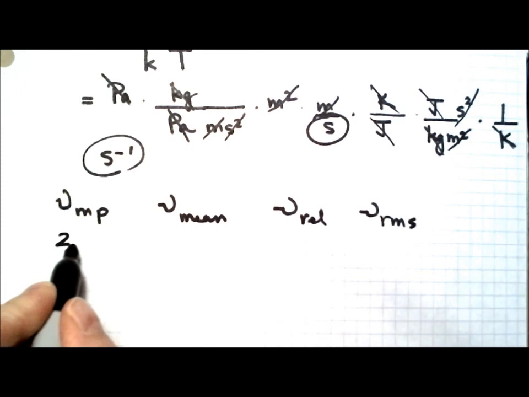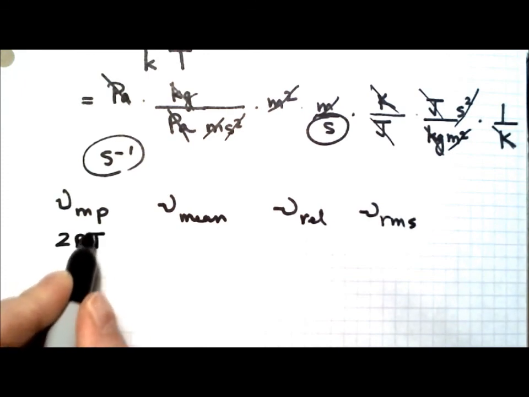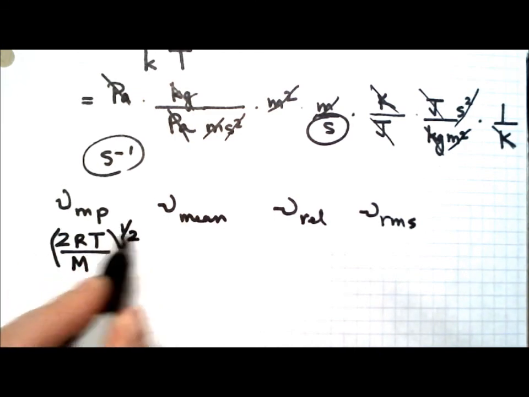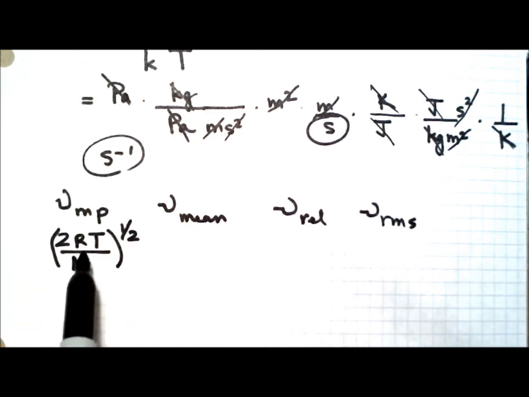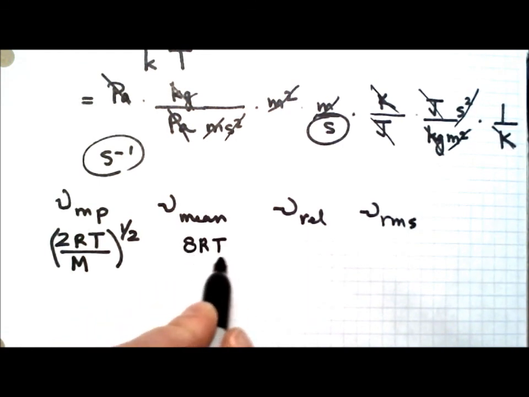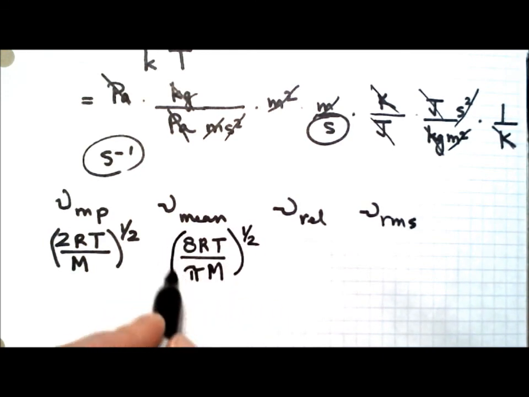This one is 2RT over big M, square root. So R is the 8.3145 joule per K mole, and write your joule as a kilogram meter squared per second squared. T is in Kelvin, and this is kilograms per mole. Your units overall should be meters per second. Your mean speed is 8RT over pi big M, again, square root.